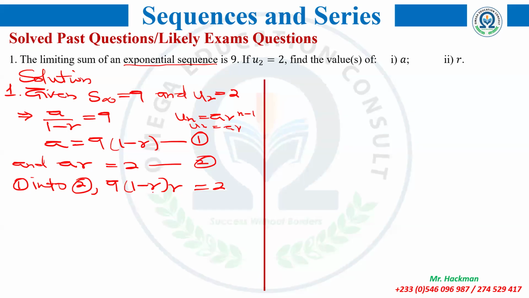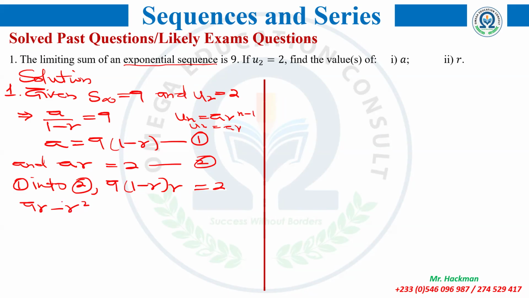Now the only unknown variable is R, so we are making R the subject. So you are going to get 9R. Am I right? Yes, please. Okay, so you get 9R minus 9R squared.